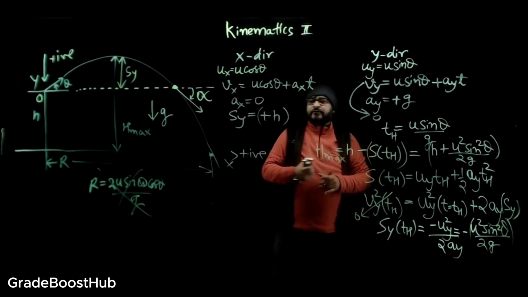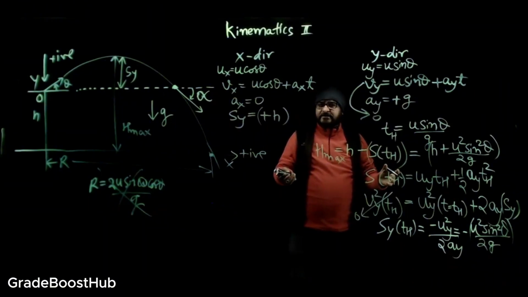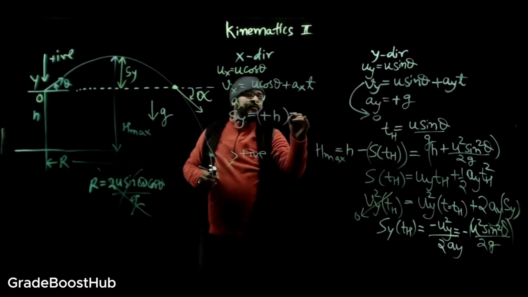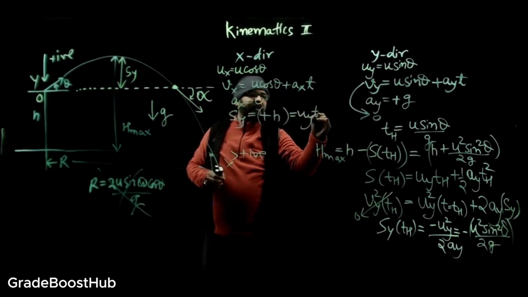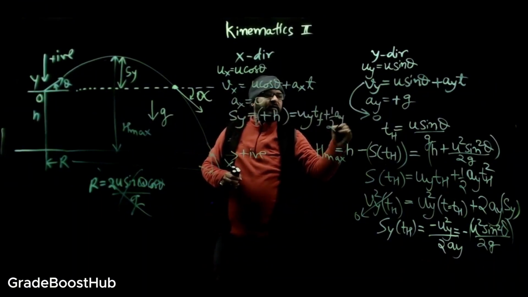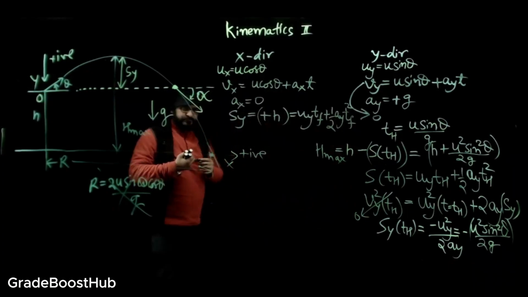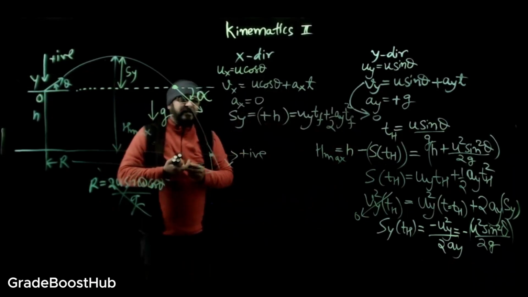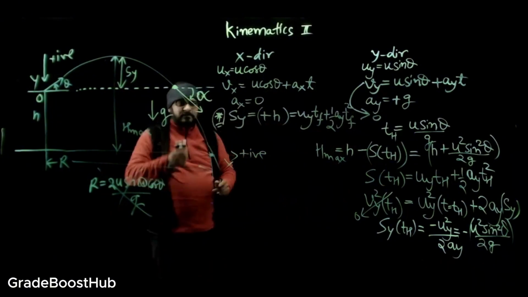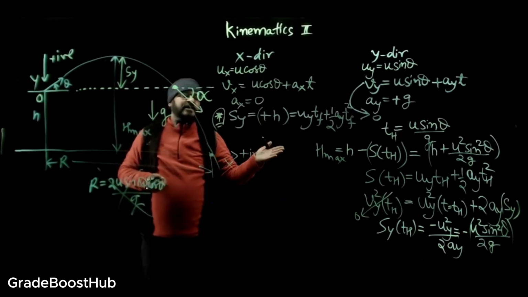So what can I do to find the range? I need to find time of flight. If I know Sy, I can write Sy is uy time of flight plus half ay time of flight squared. Any answer? Do you all agree with this? Yes, sir. So this is just one equation and there is one variable.